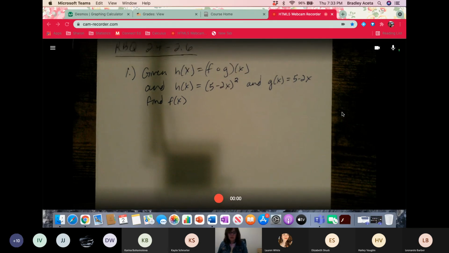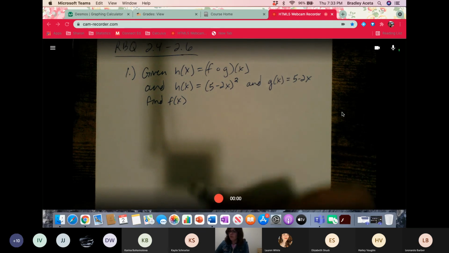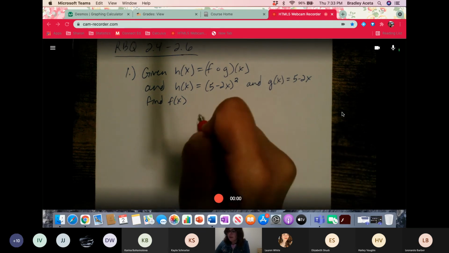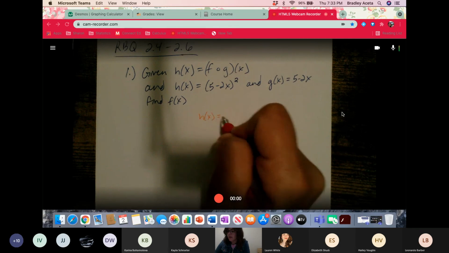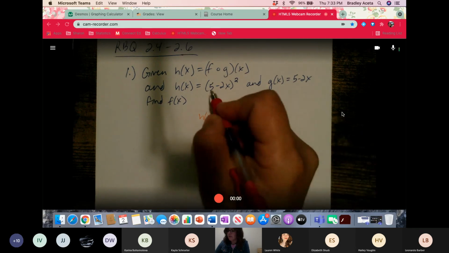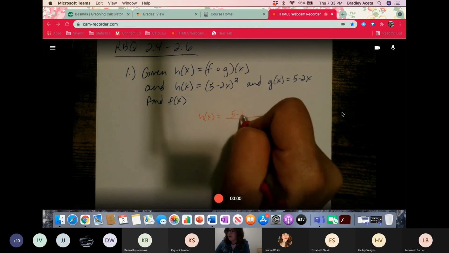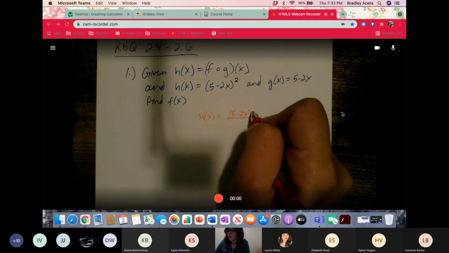That's a question you'll see on the quiz. So let me go through this again with you. Here's how I like to set it up. h of x is my big picture one, and the big picture is 5 minus 2x squared.